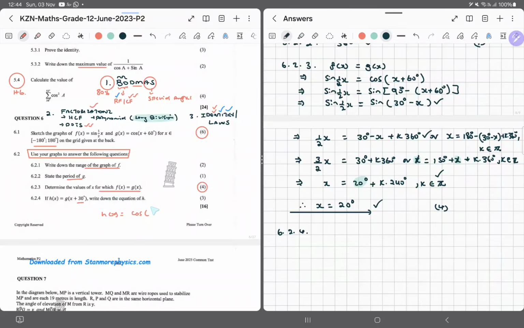Now instead of x, we write x plus 30 degrees, and then we add the 60 degrees. Right, this is the same as cos of 90 degrees plus x. Now cos of 90 plus x is the same as minus sine x, using our co-ratios. So all we write here is just h of x is equal to minus sine x, because the question said write down. Easy. But now here's the problem.